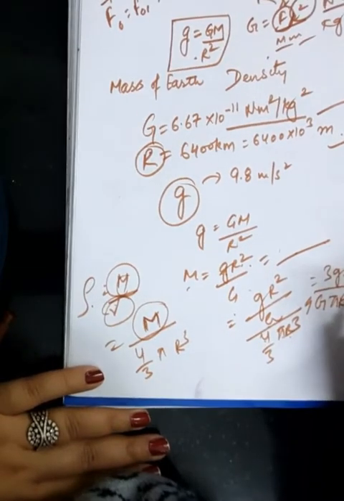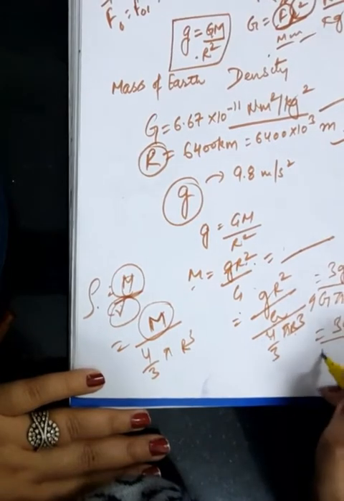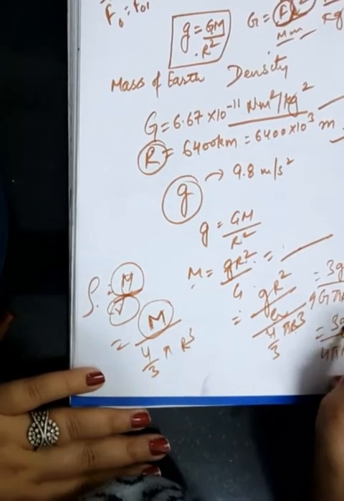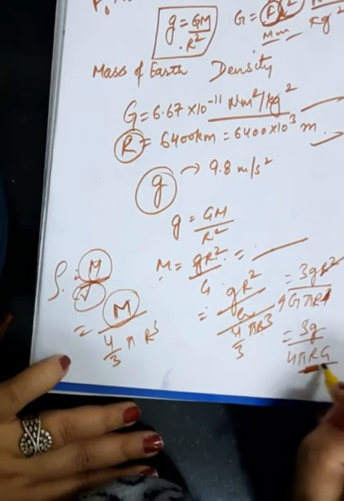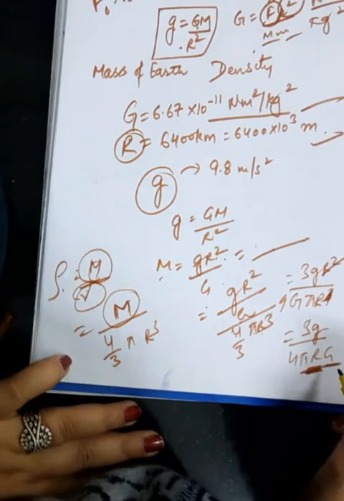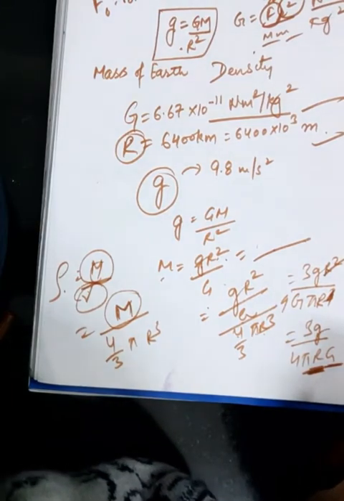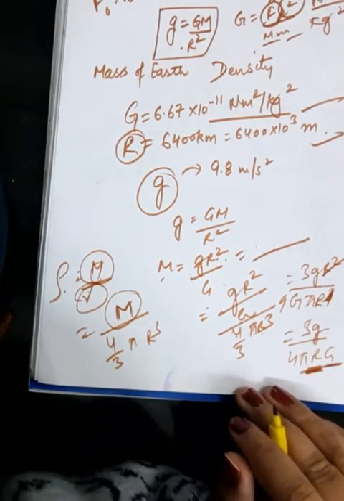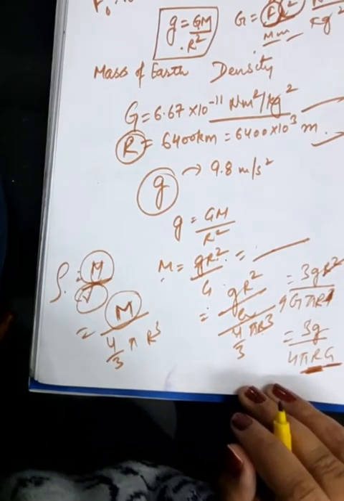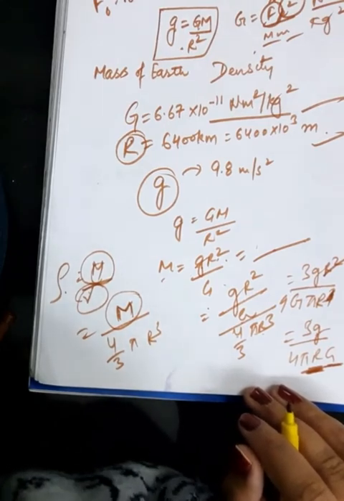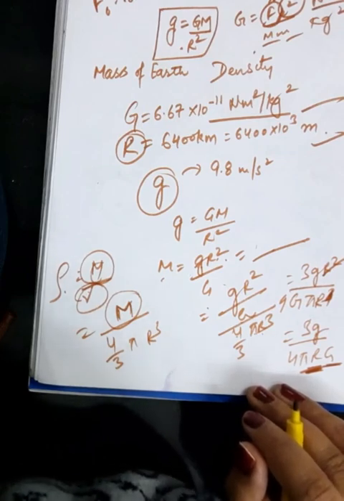So r square will be cancelled with r square and you will be left with 1 r. So this will be 3g upon 4 pi rG. So g is 9.8, right? Capital R is 6400 kilometer and capital G is 6.67 into 10 raised to the power minus 11. So put all these values and you will reach the value of density of earth, which will come out to be around 5500 or something. So yes, this is mass and density of earth, and this is small g, which is acceleration due to gravity, right?